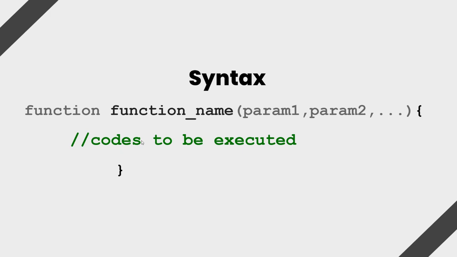So this particular region is where you would have the actual code you want to run in the program. So this is how a JavaScript function syntax appears briefly. Nothing very stressful, very straightforward and very easy.